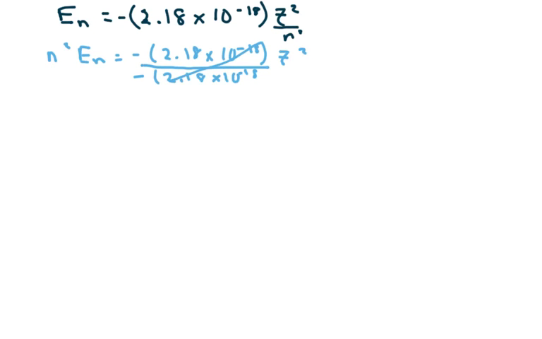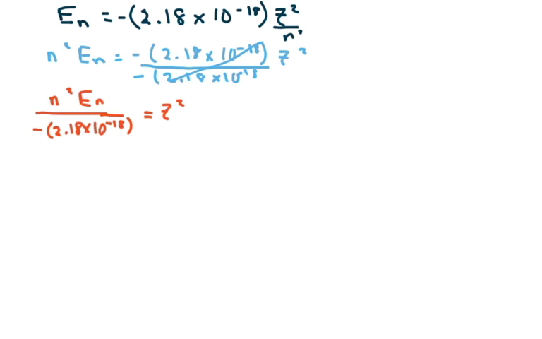So we get n squared e sub n over negative 2.18 times 10 to the negative 18th equals z squared.